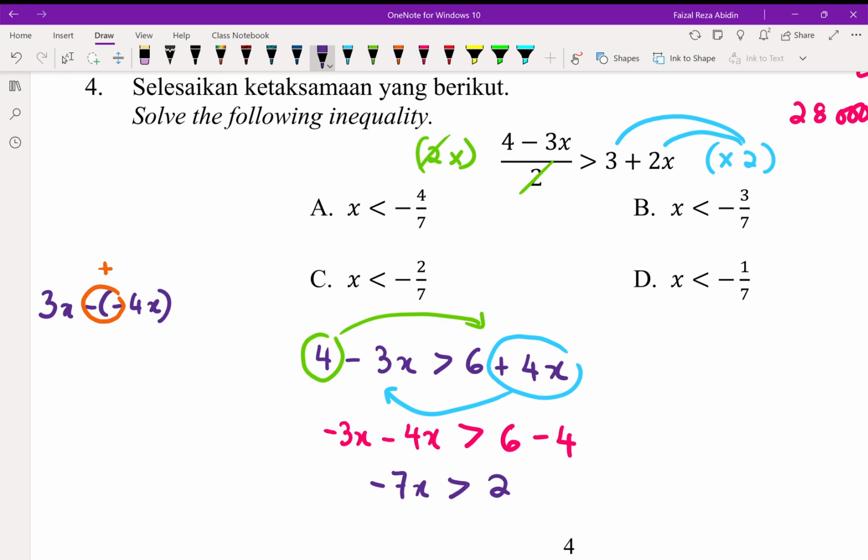Kau dapat sini pun dah nampak dah jawapan dia. What happened next? We are going to bring negative 7 to the right side. When we move negative 7 to the right side, what happened to negative 7 there?